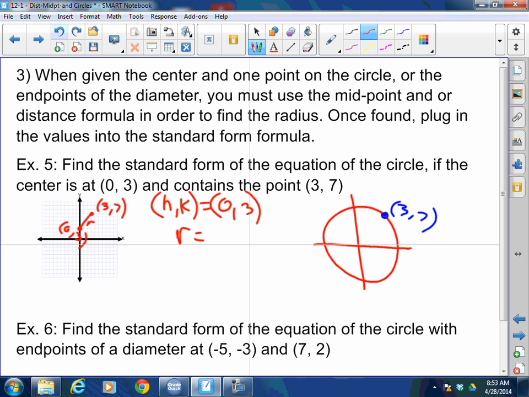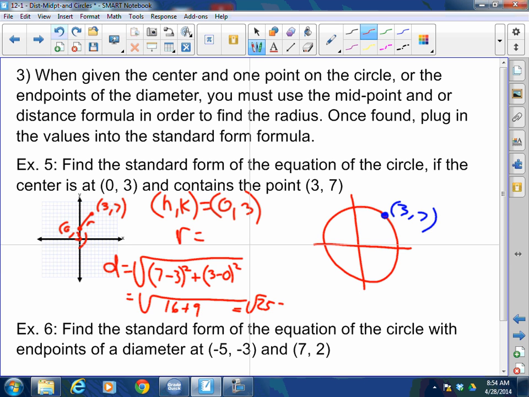Okay, so how do I find my radius here? Distance formula. Distance equals the square root of x2 minus x1 squared plus y2 minus y1 squared. So that's going to equal 4 squared is 16 plus 9, square root of 25, r is 5.